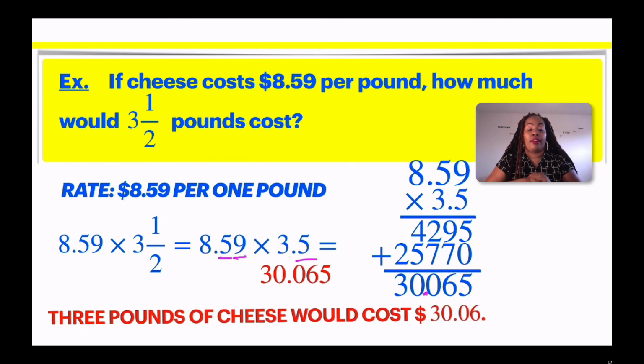And we're gonna tell them that 3.5 pounds of cheese would cost $30.06. Sorry to the little thousand that got cut off. But if you want to get technical with it, you could say 30 and 65 thousandths, but let's just go with the money. $30.06. That's what you would pay at the store.